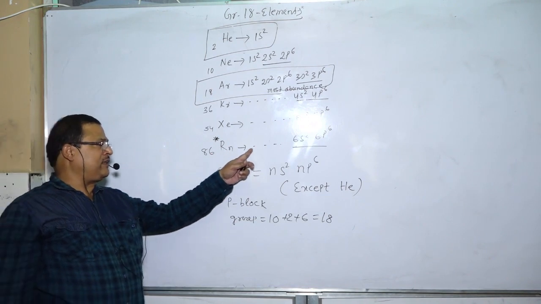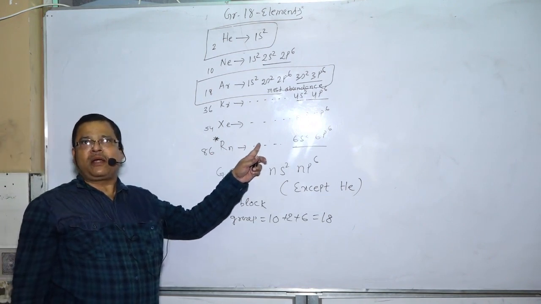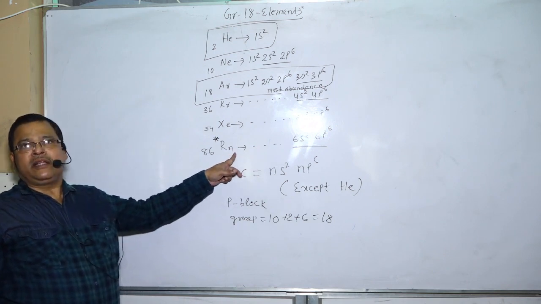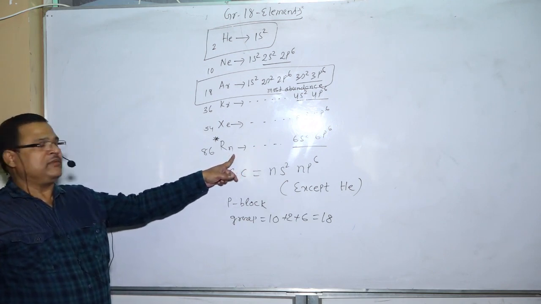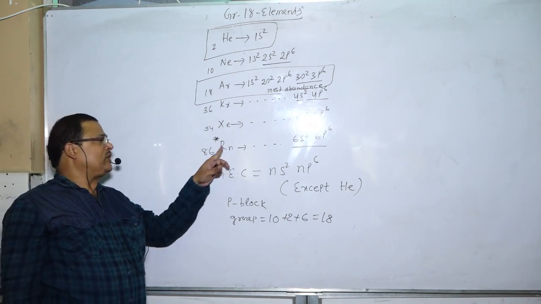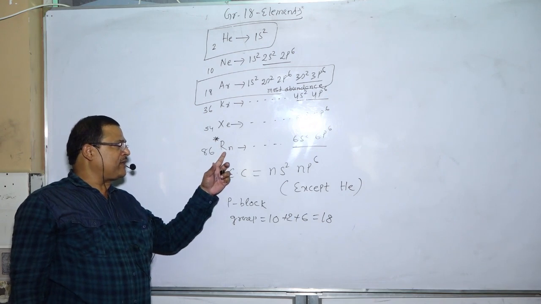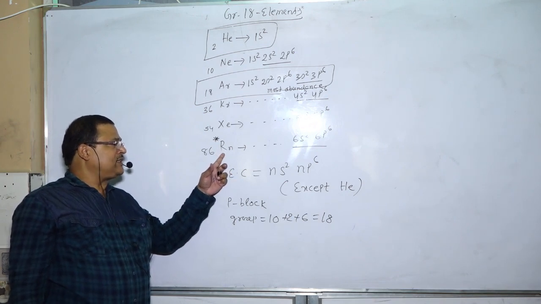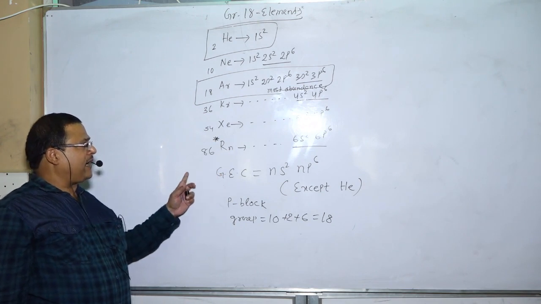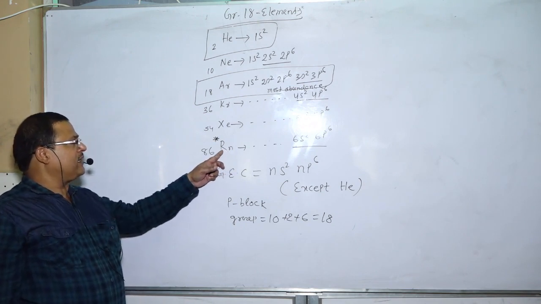Radon is a radioactive element that is not found in the atmosphere. Radon is obtained from the radioactive decay of radium. From the radium term, the radon term comes. From Ra, the term Rn, radon.